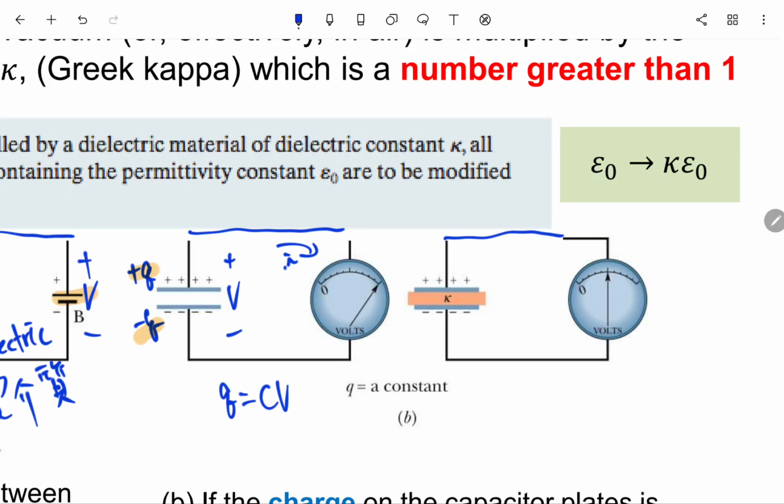But the idea is, if you very quickly measure the potential difference here, V will be something like this. So you disconnect again, plug in the dielectric, and measure the voltage quickly again. Assuming the charge doesn't change, we find that the potential difference is smaller.